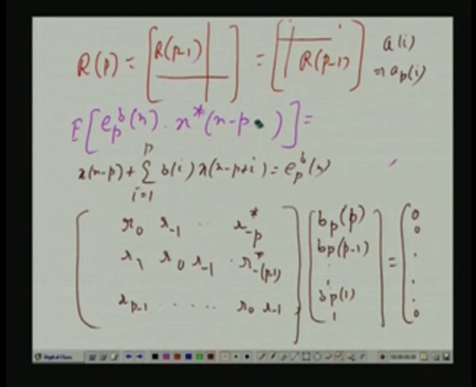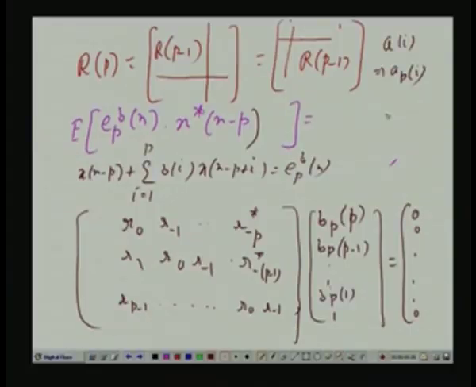And what is x(n-p)? By now you should be able to do this. x(n-p) has got two parts. x(n-p) you can write separately here as its prediction, which is a linear combination of the p future elements, and the corresponding error EPBN.